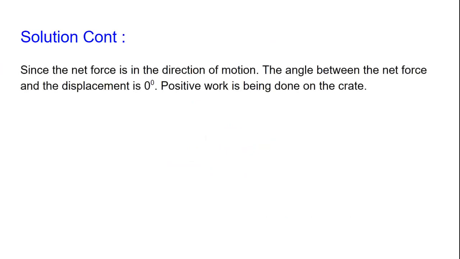Now, since the net force is in the direction of motion, the angle between the net force and the displacement is zero, and that implies that positive work is being done on the crate. And if the work being done on the crate is positive, that means that the crate is gaining energy. And so the net work is W net equal to F net times delta x cos theta.